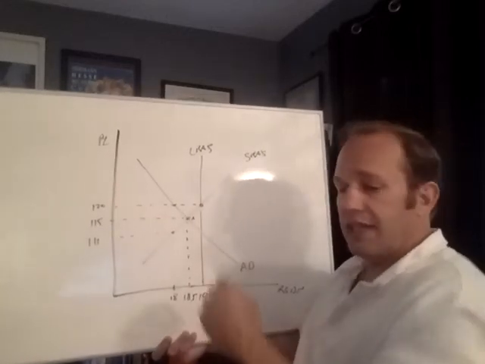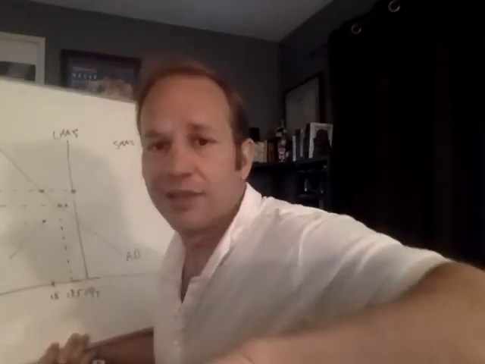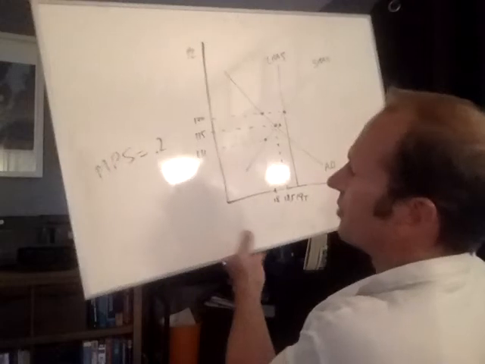In order to get a $1 trillion gap closed with a multiplier of, what was it, 5? Yes, we're given the MPS equal to 0.2. So what is the multiplier?